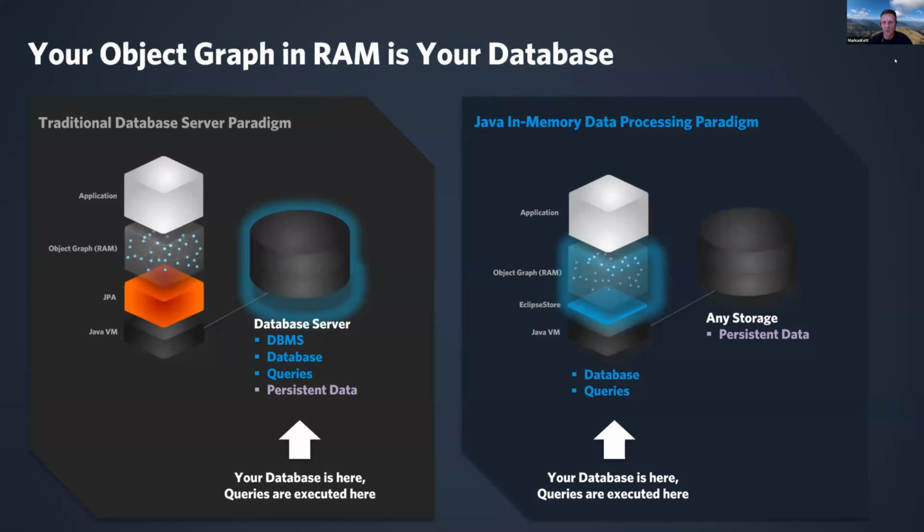With EclipseStore, your database is located within your JVM process. Searching the object graph is executed in the same JVM process as your application. So your database is an embedded database, and we only have a storage. So you have to think differently from the traditional database server paradigm.